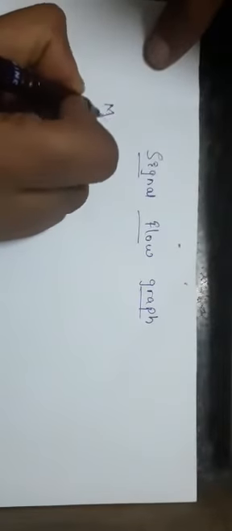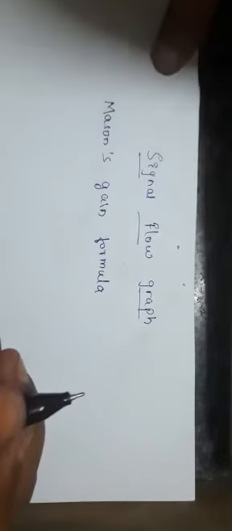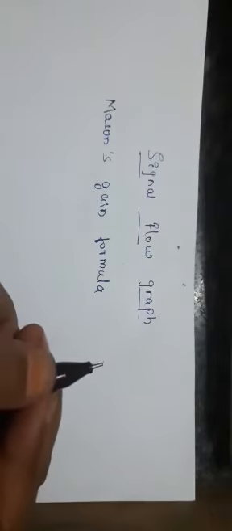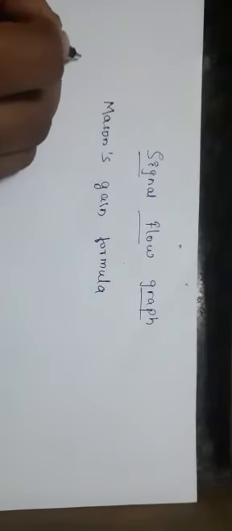Here we will use Mason's gain formula in order to calculate the transfer function of the given system. So what is a signal flow graph?